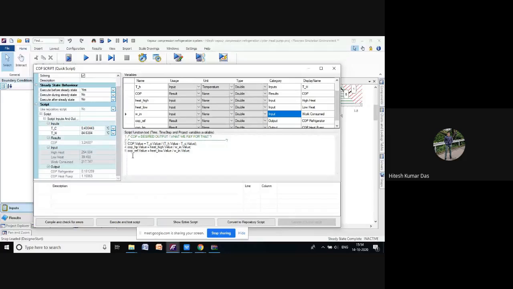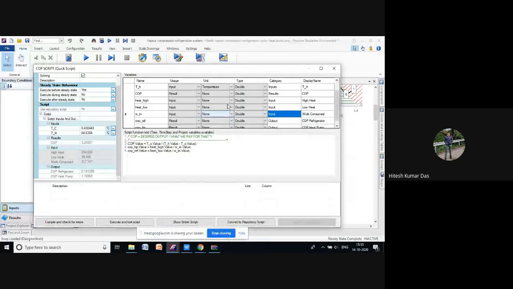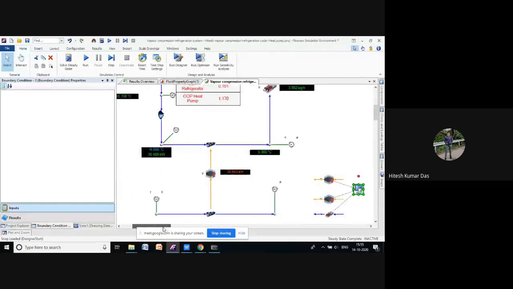So the COP of the refrigerator we are calculating by dividing the heat transfer which is happening in the evaporator, which is the heat low value, by the work input, meaning how much work is done.